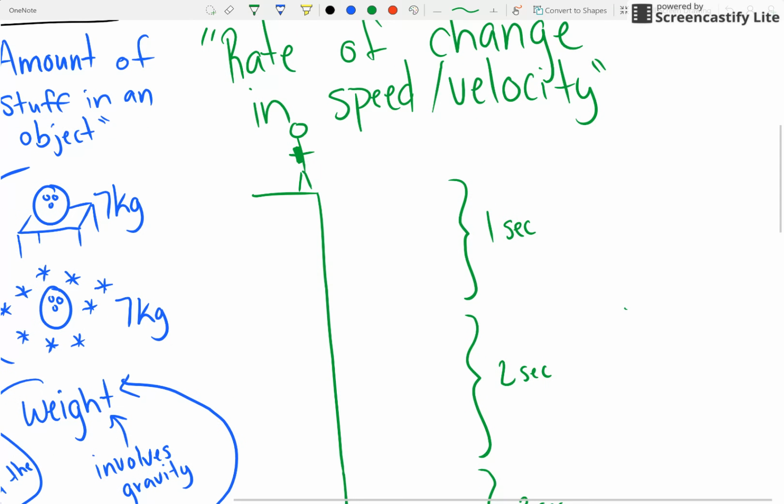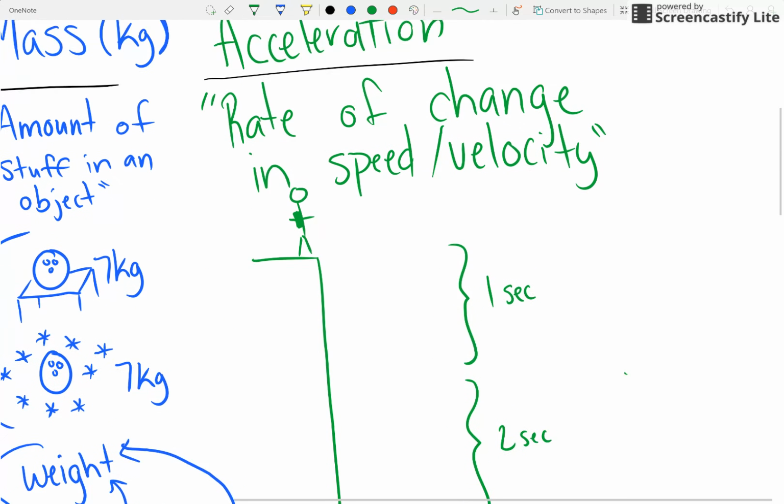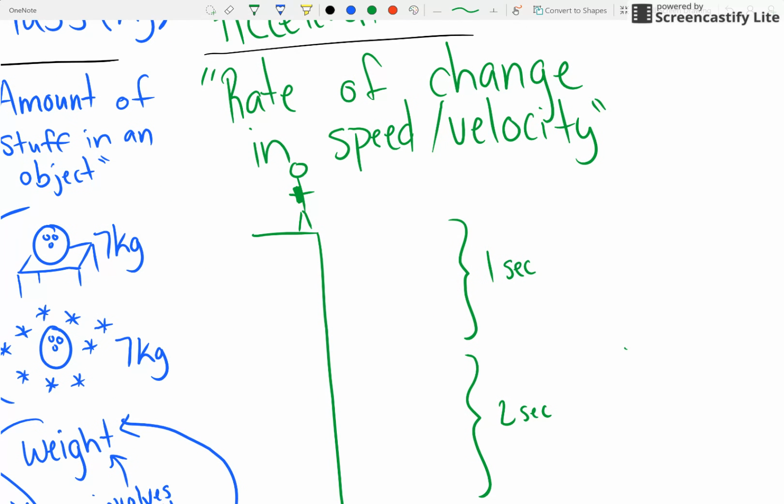You already probably know this, but once you jump off a building, you're going to speed up and keep speeding up and speeding up. If I wanted to know the rate of change, that would be known as your acceleration. So we start at the very top here, and you're going 0 meters per second.